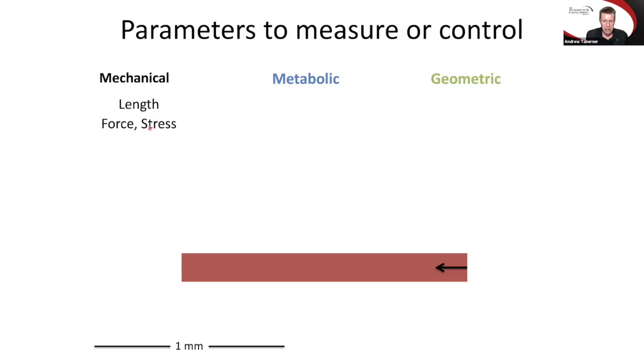Here I'm showing an example where we're stretching out the muscle, and you can see it increases in force. The force vector is shown here as this black arrow. Once we've stretched it, we might then electrically excite the muscle to produce force. So we give it a small electric pulse of a few volts, and that's enough to make the muscle twitch and produce force.